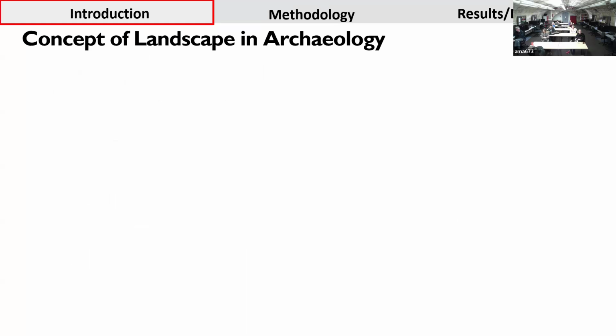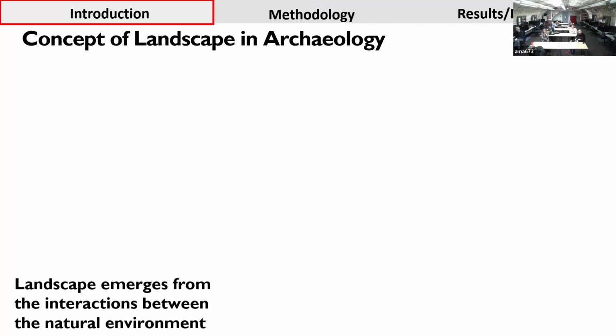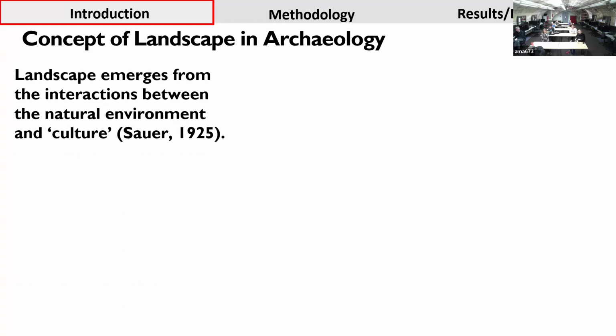So I would like to talk about the concept of landscape in archaeology. I'm not going to go into the theoretical framework of what landscape really is, but within the scope and context of the work I've carried out, that's what I'll be talking about. Sauer 1925 says landscape emerges when there's interaction between humans and the natural environment.